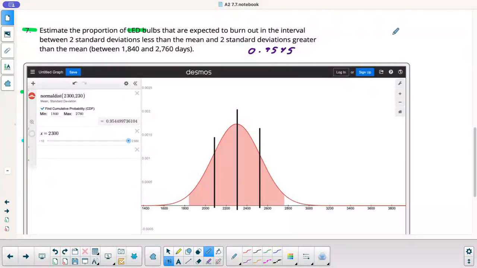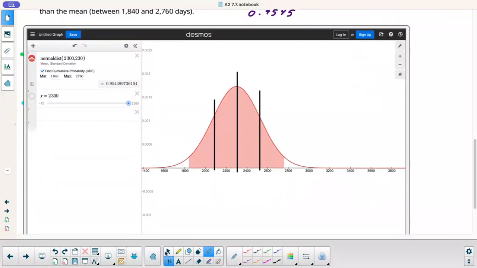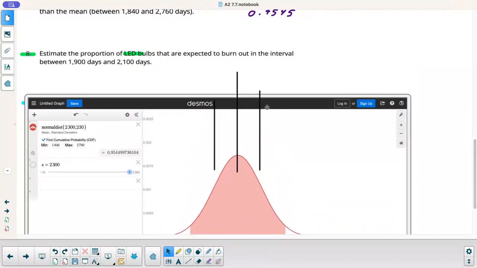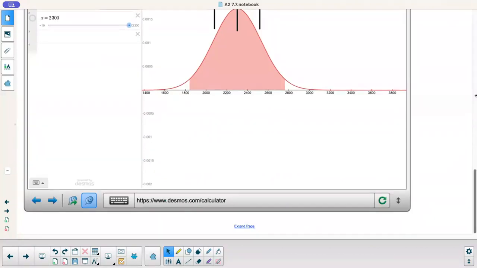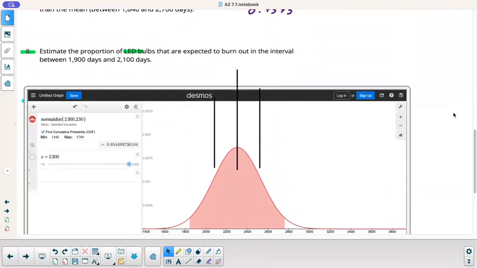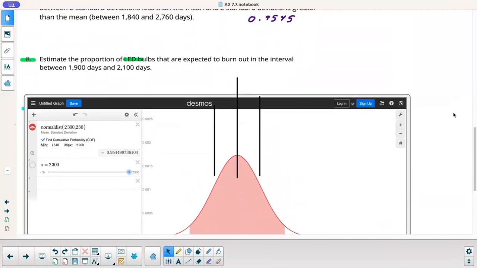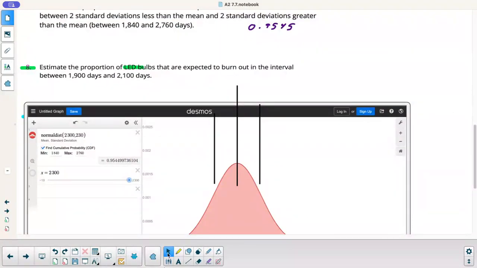And then the last question here for the LED bulbs, estimate the proportion of LED bulbs that are expected to burn out in the interval between 1900 and 2100 days. So this is not necessarily a standard deviation question, because those numbers are not exact breaking points of standard deviation from the mean.